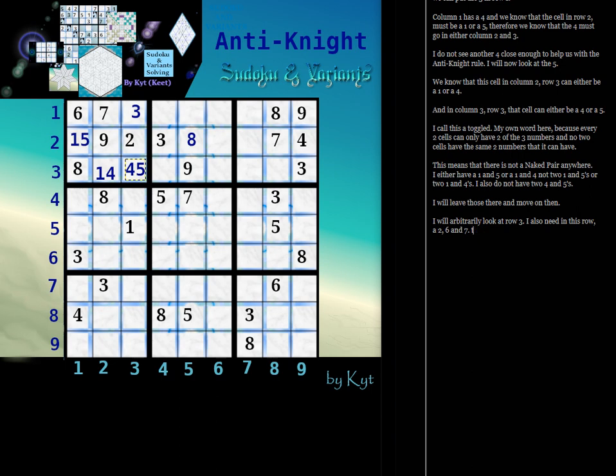That 7 does help us here. Notice where the 7 is in the last upper 3x3 grid.